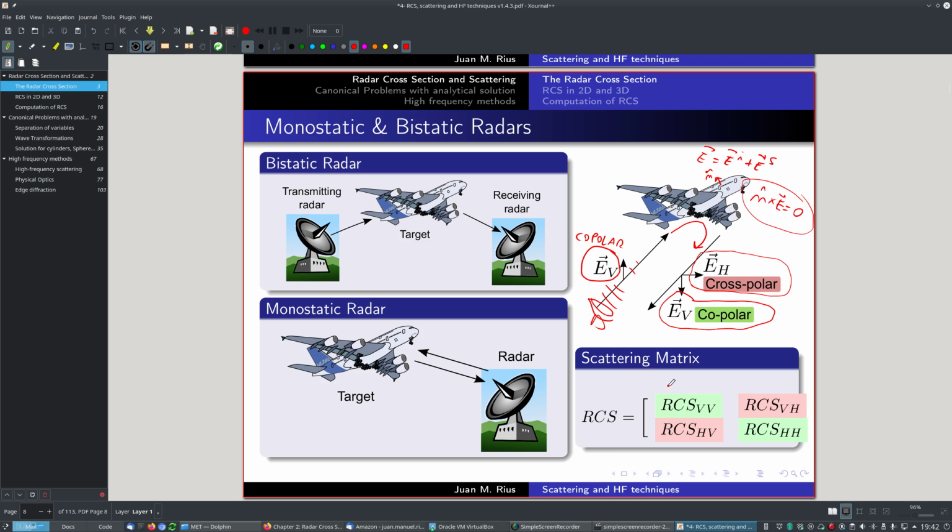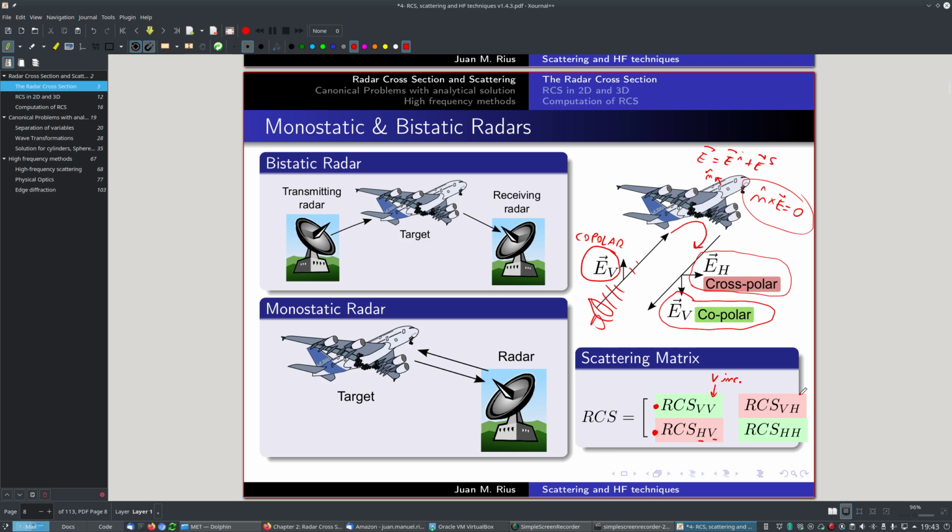That is, for example, if we have an incident vertical polarization, we have two possibilities: scattered power in copolar polarization, and scattered power in cross-polar polarization. So in this case, since copolar was vertical polarization, we have two magnitudes: incident vertical and scatter vertical, and then incident vertical and scatter horizontal.